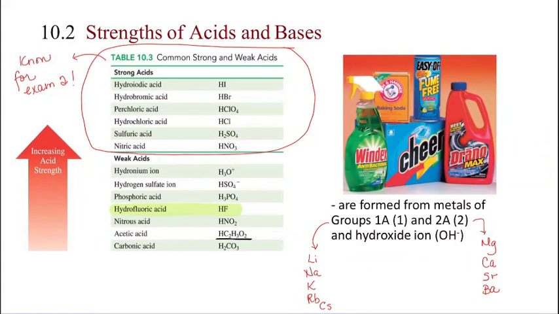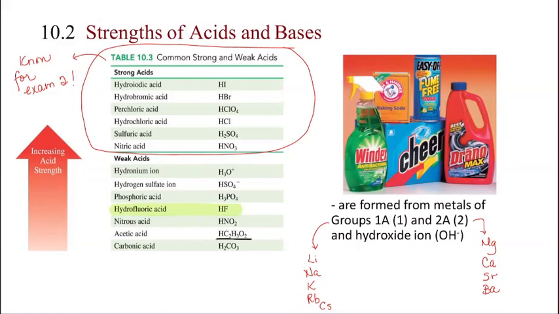You can have thiosulfuric acid, which is not in this list. You can have oxalic acid. You can have permanganic acid. So understand that the acids that are listed here as weak are not the only ones that I can use.